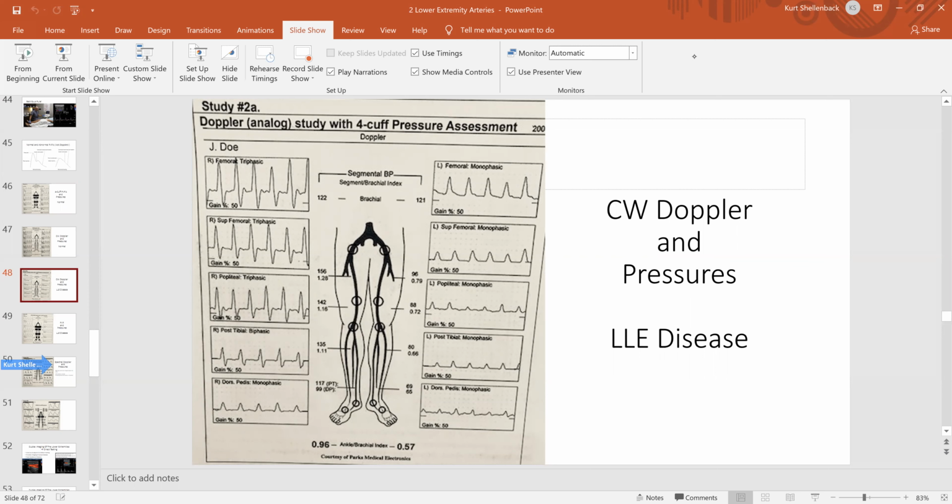Blood pressure, 96, 88, 80. Certainly it would appear that the left iliac artery is the major problem here, because right from the start we've had problems. So it could be proximal femoral, really proximal, right up in the groin, or the iliac artery.